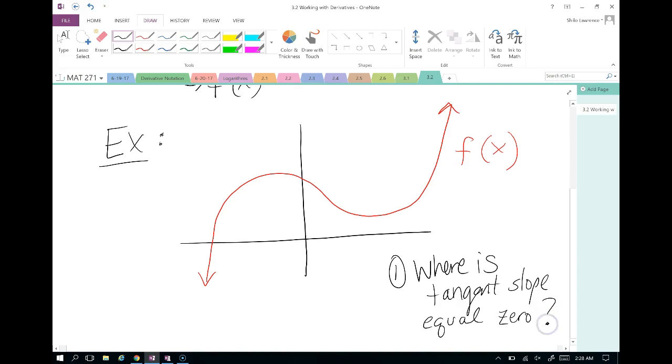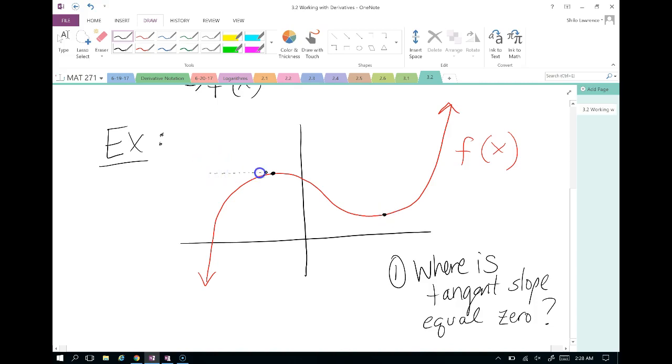And a line with a slope of 0 is a horizontal line. So we would have a slope of 0 anywhere we have the top of a hill or the bottom of a valley, anywhere we have relative maximums or minimums. So at this point right here, approximately, and this point right here, we have a tangent slope of 0.